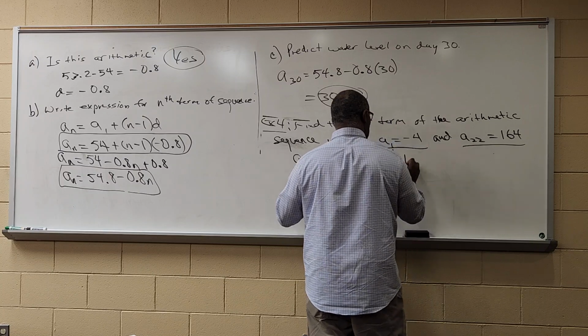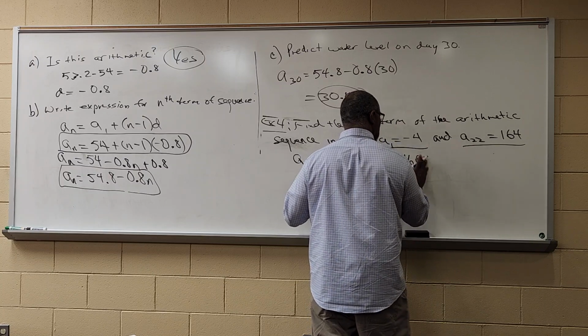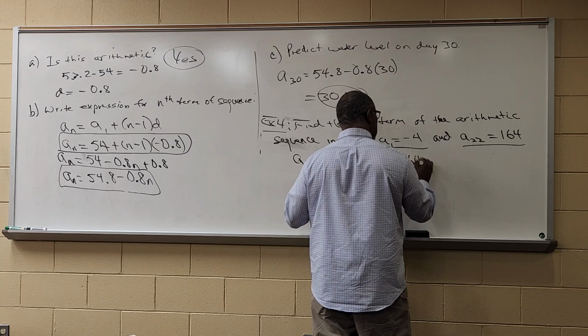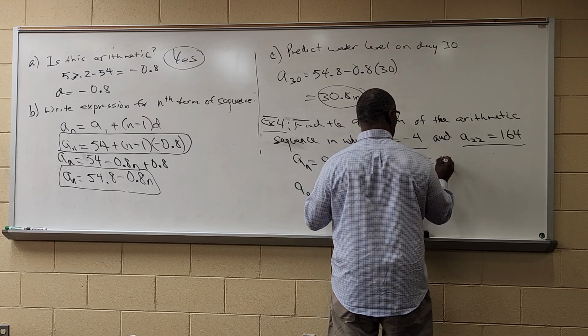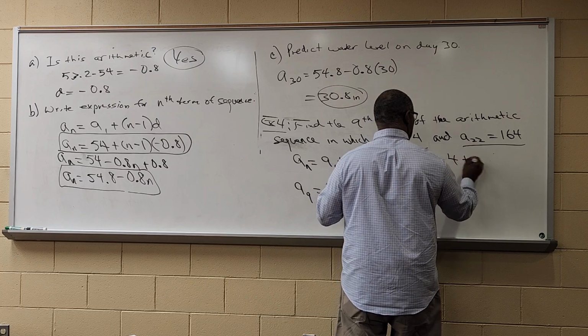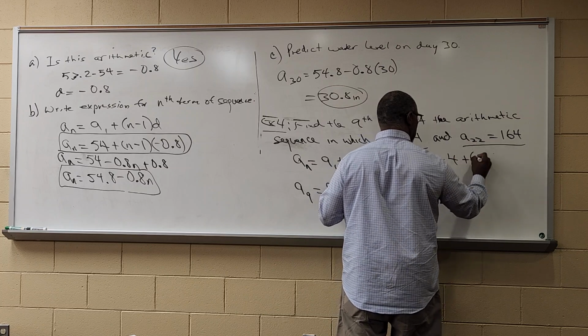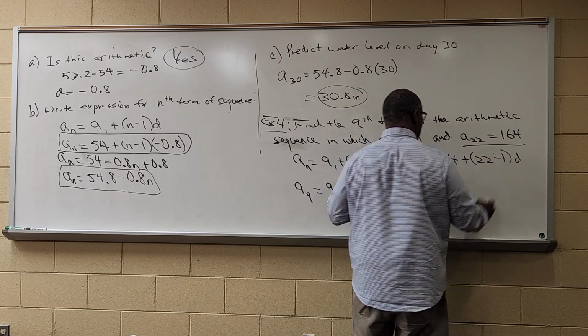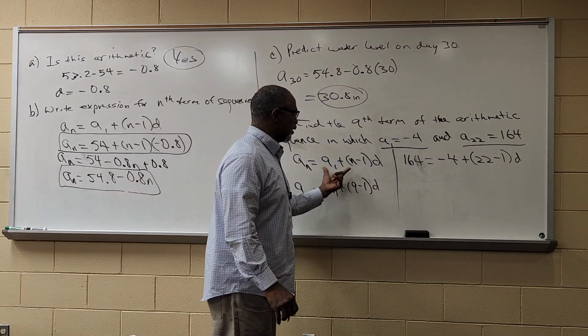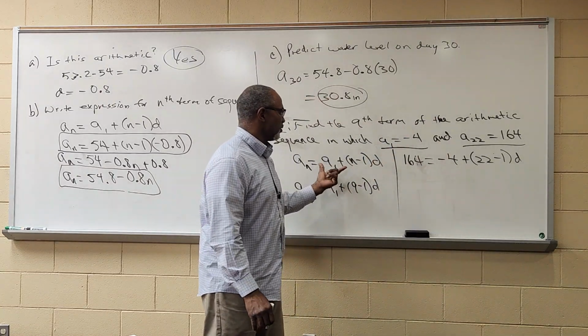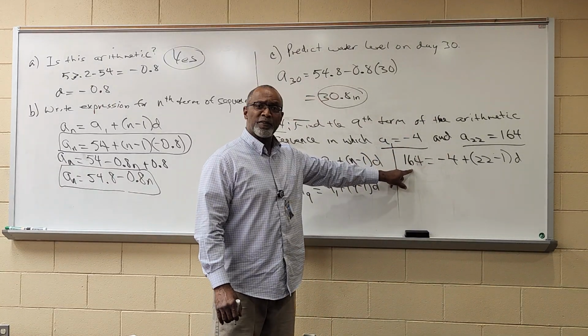So if N is 22, A22 is 164 equals A1, which is -4, plus, again, this is the 22nd term, so 22 minus 1, D. I can use this formula and these two things to substitute in to find D first.